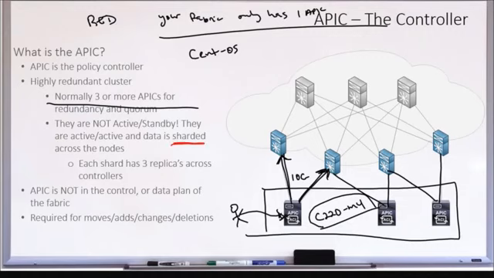Yeah, it's going to be sharded across those nodes, meaning as you configure something, we're going to have replicas out there. So this guy's going to get a shard, this guy's going to get a shard, this guy's going to get a shard. You go in and do other configs, and the other guys get shards. So you have your shards, and then your shards have replicas. So with 3 different APICs in here, basically everyone's going to have a copy of the data.